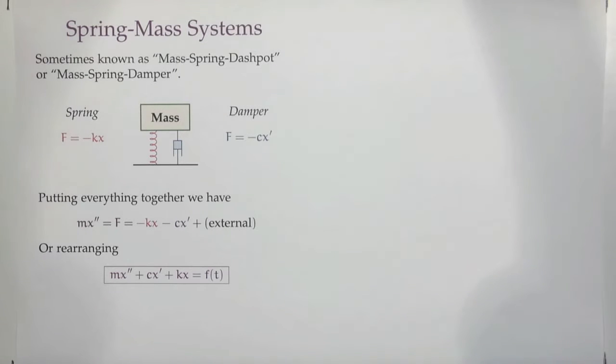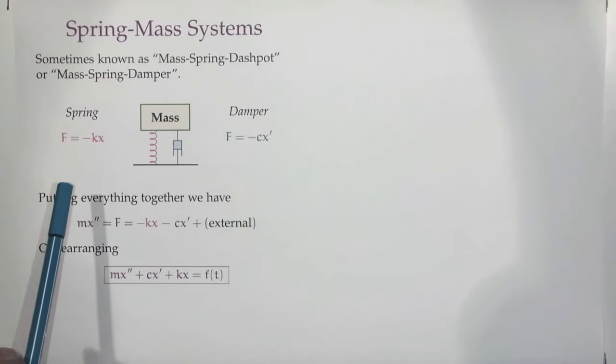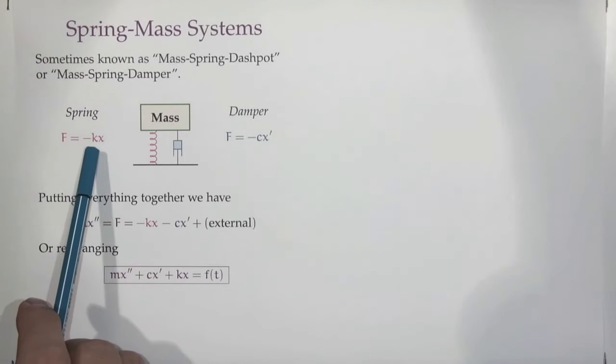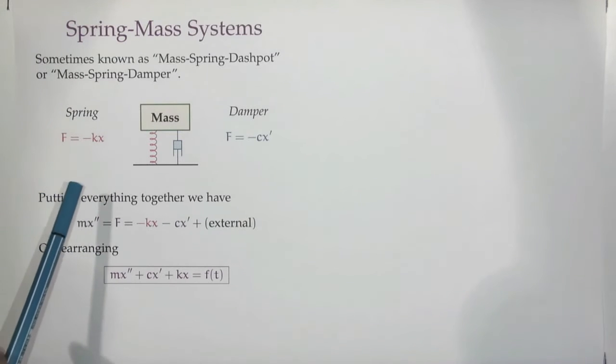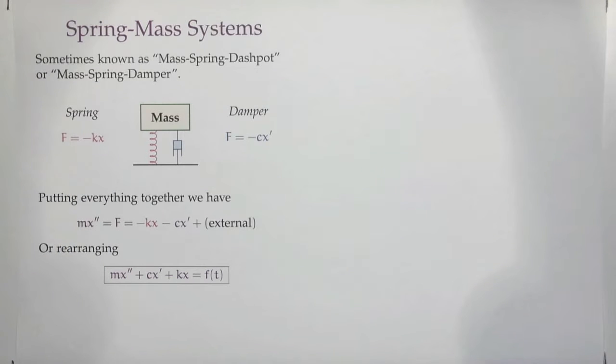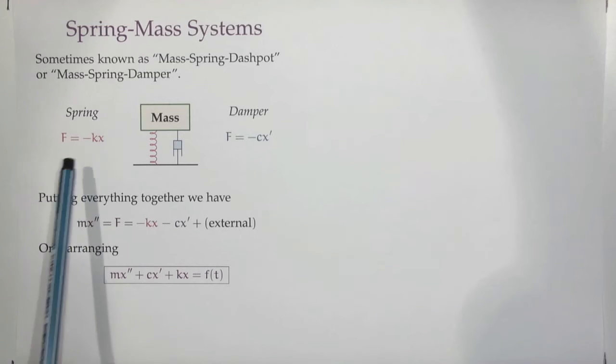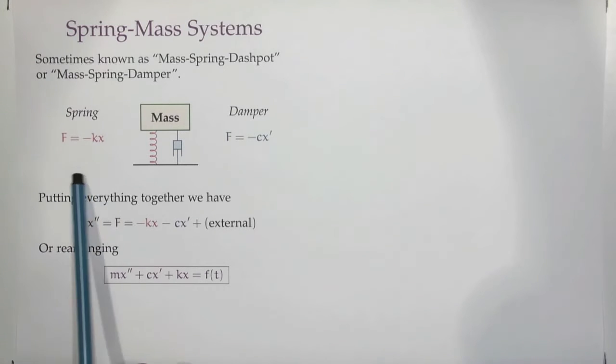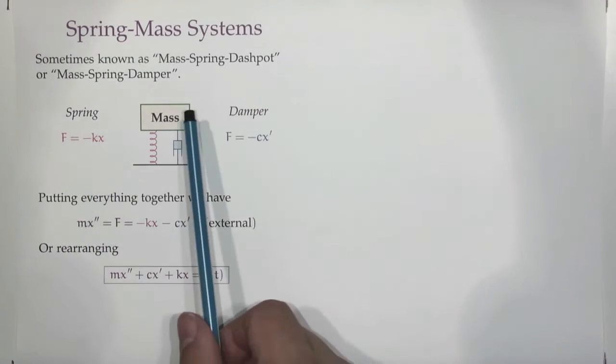So the farther you pull the spring down, the larger the force that the spring will exert to pull it back in the direction to where it considers sort of neutral. And so that's where the k is proportional. The x says how far you've pulled, and the minus sign just says, look, if I pull it in the positive direction, it wants to pull it back in the negative direction. So it wants to go in the opposite direction of the sign of x. So that's that force acting on our object.